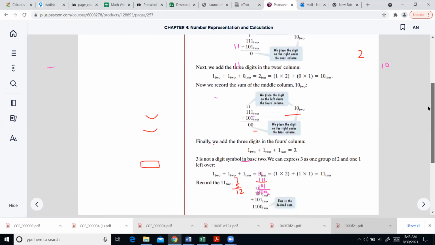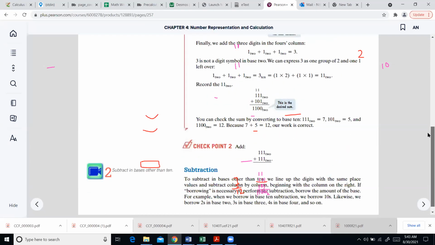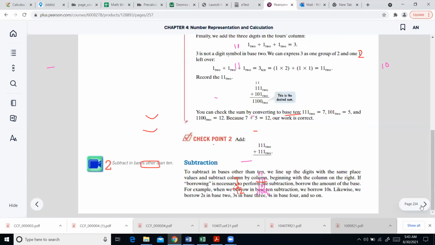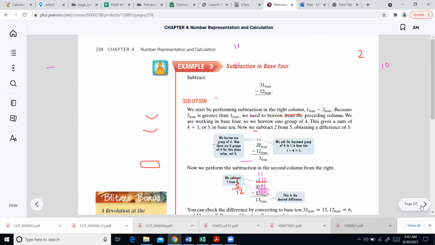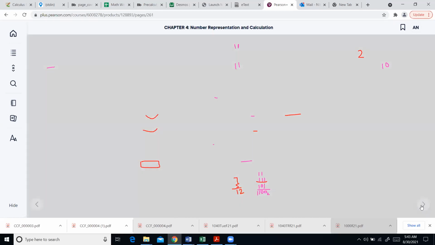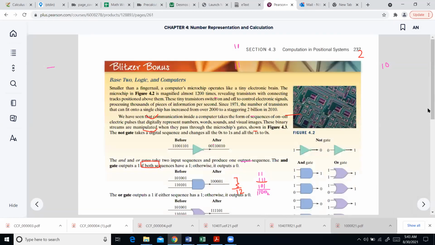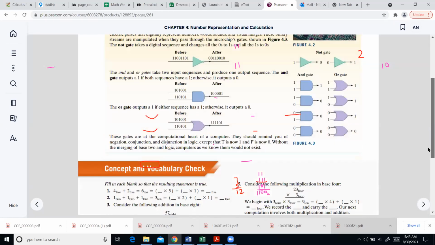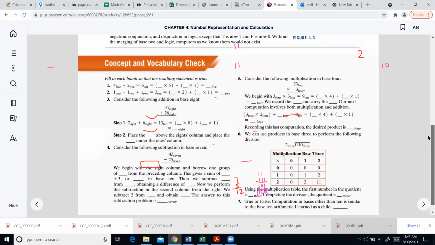I think they have very good explanations here anyways. So what I want to do is maybe a couple of practice problems from this section. Notice besides adding, they also do other operations of subtraction and something else.